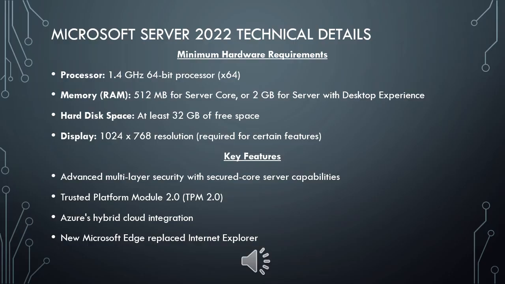For the memory, it needs at least 512 megabytes for Server Core or 2 gigabytes if you're running the full desktop experience. For storage, you need at least 32 gigabytes of free disk space, and for the display, 1024 by 768 resolution is required for certain features.